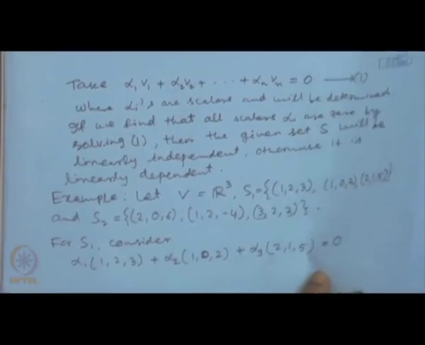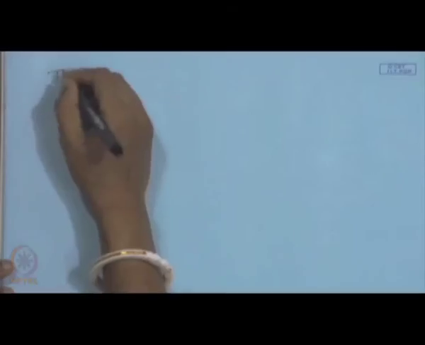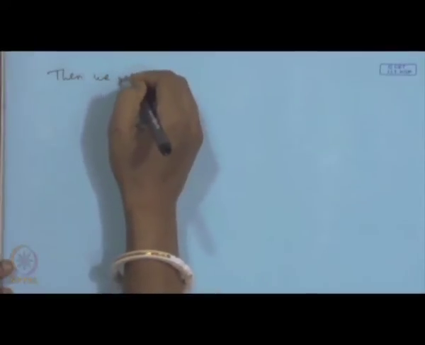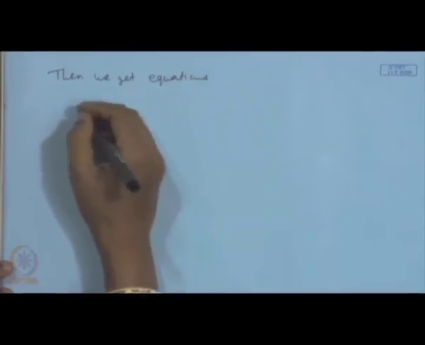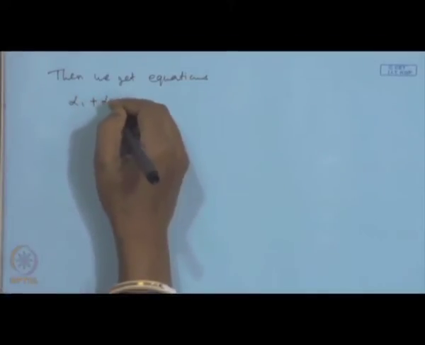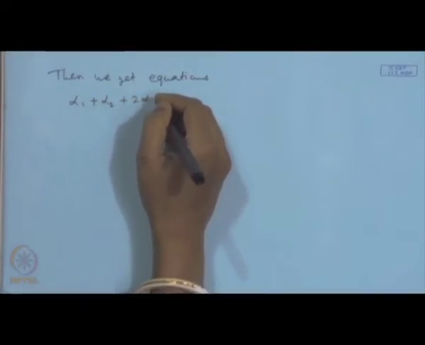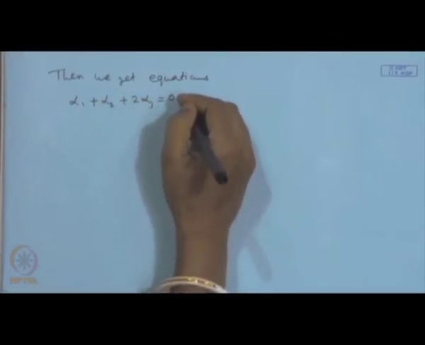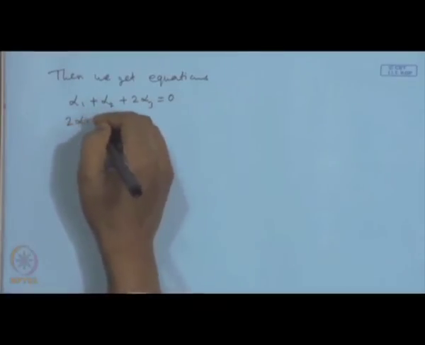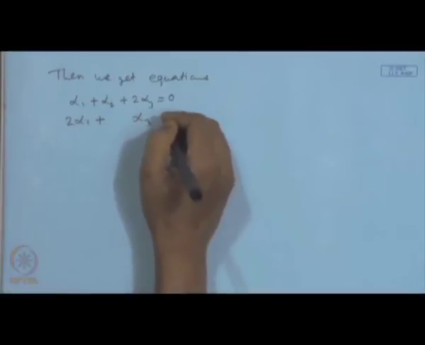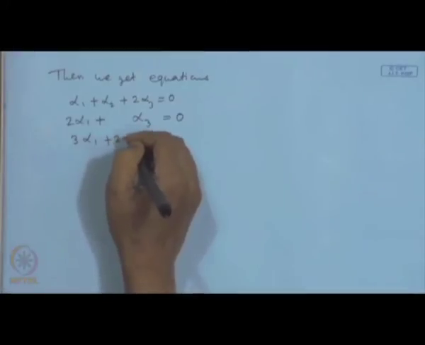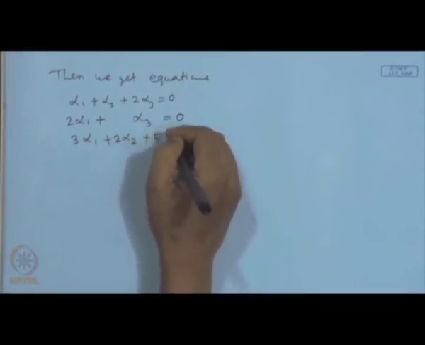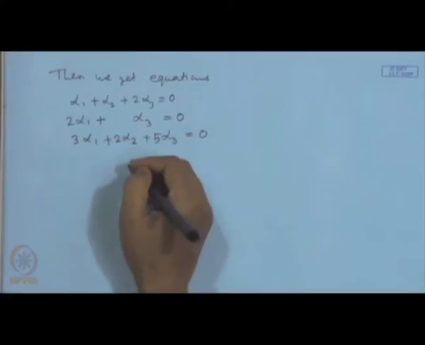Then we get equations: alpha 1 plus alpha 2 plus twice alpha 3 is equal to 0, twice alpha 1 plus alpha 3 is equal to 0, 3 alpha 1 plus twice alpha 2 plus 5 alpha 3 is equal to 0.